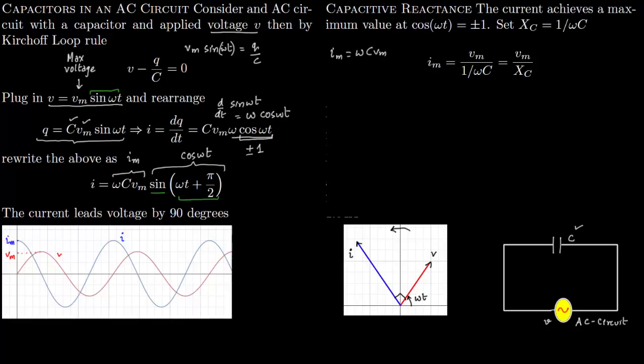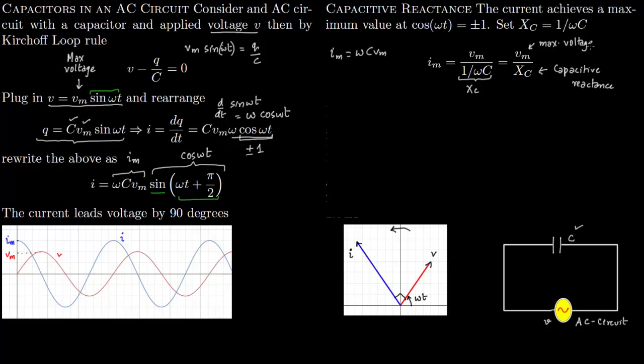We rearrange this as Vm divided by 1 over omega C, and we call this 1 over omega C as Xc. This Xc is called capacitive reactance, and this Vm is nothing but the maximum voltage.